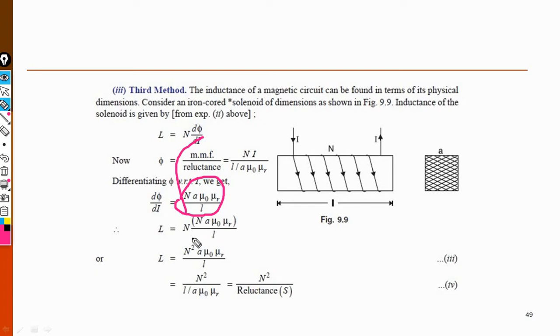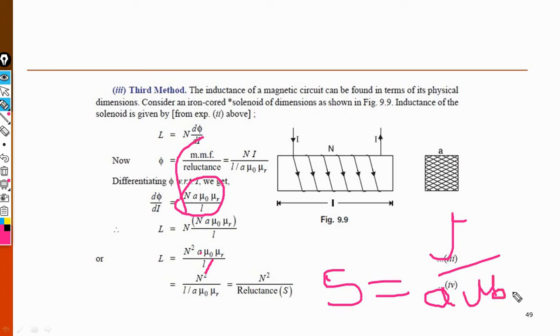Then L is equal to N square A mu 0 mu r upon l, but the formula of reluctance is l upon A mu 0 mu r. Now this multiplied term goes to the divided by l upon A mu 0 mu r. That means the reluctance formula is S is equal to l upon A mu 0 mu r.